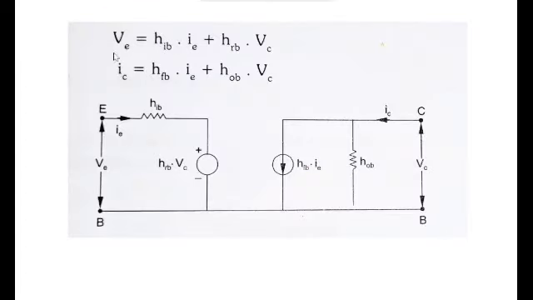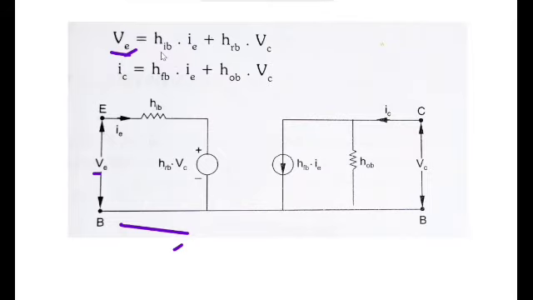This is the common base configuration circuit, and in this circuit, in the first equation, V1 is VE, because the input voltage for common base configuration is VE.